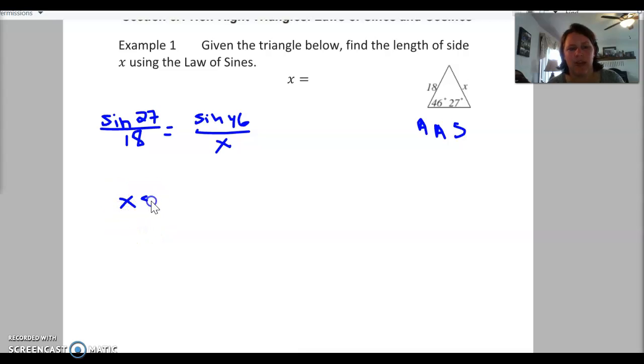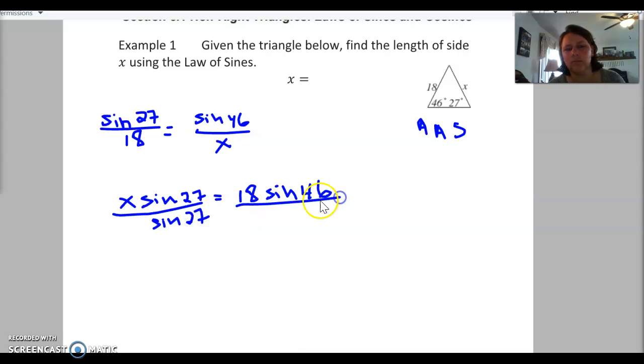So we go with x sine of 27 equals 18 sine of 46, and then divide both sides by sine of 27. And so then we end up with x equals all of that.